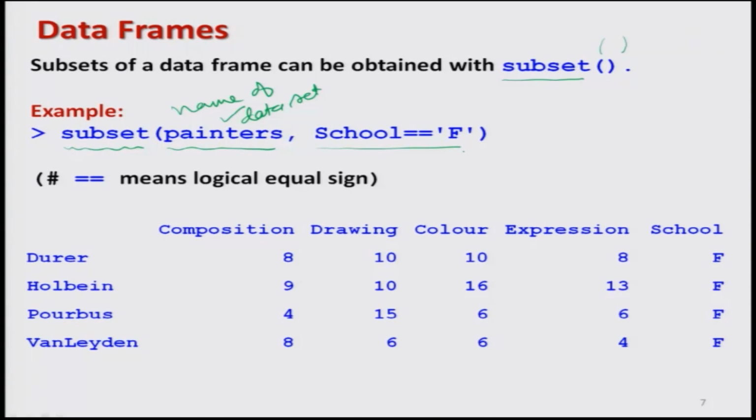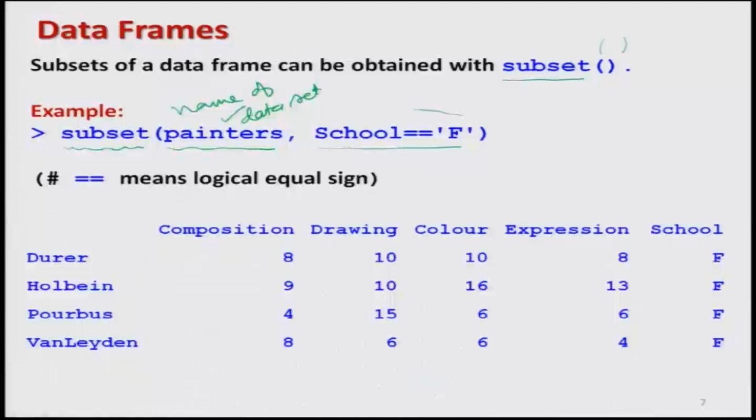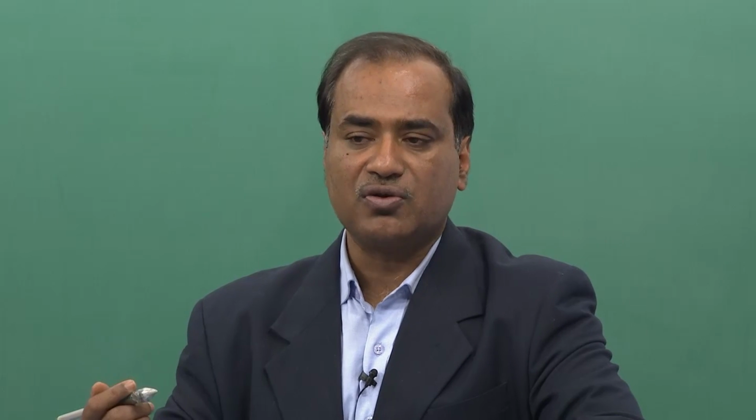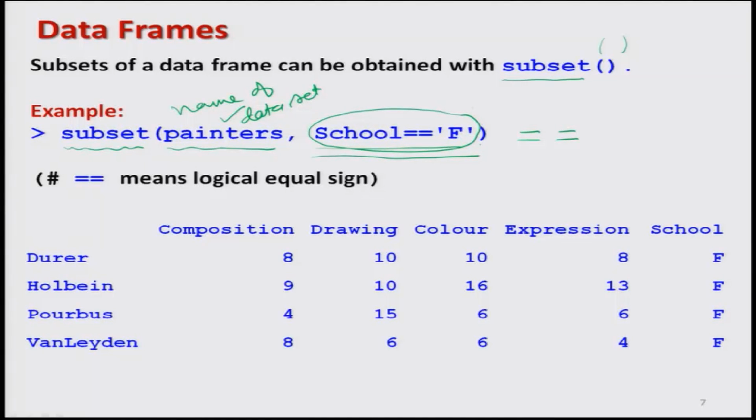Suppose I want to extract a subset from this data frame painters, where the school is actually F. You can see I have used the double equality sign, which means the logical equal sign, exactly equal to. So, now I am asking R to provide me those data values from the entire data set for which the value of the variable school is F. That is what I am trying to write here. And this F is written inside the double quotes, that is the standard notation.